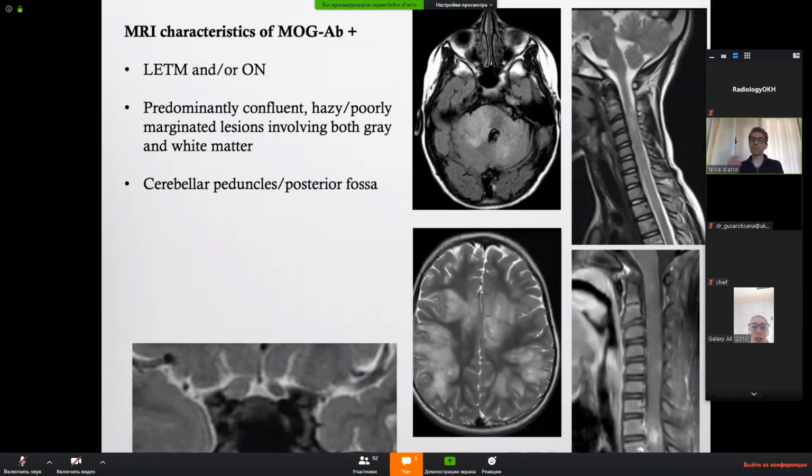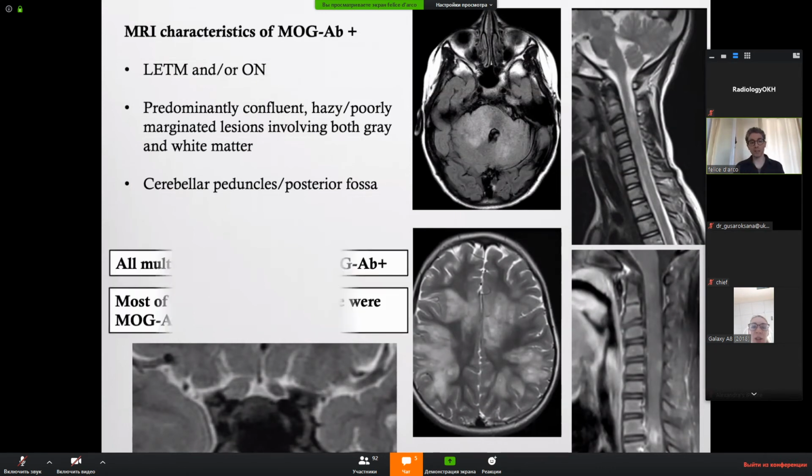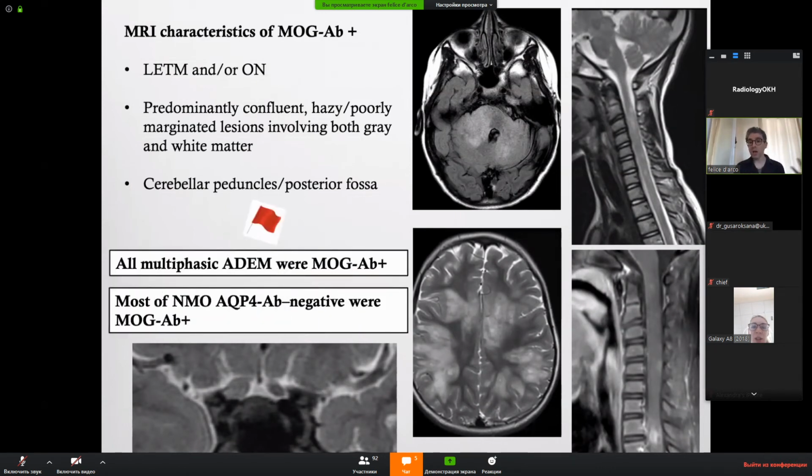So you can have something that looks like ADEM, that looks like neuromyelitis optica spectrum disorder, or that has both of them: ADEM plus spinal involvement plus optic neuritis. In all of these cases, you need to test the MOG antibodies if you can, or just give steroids, basically, if you cannot test them.